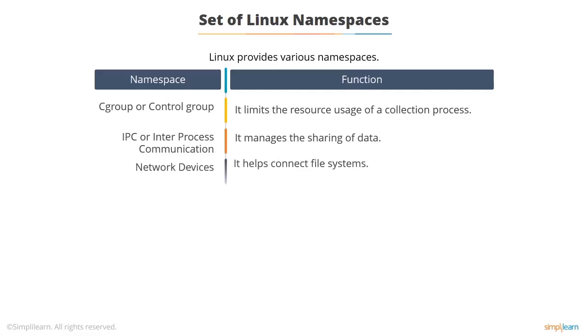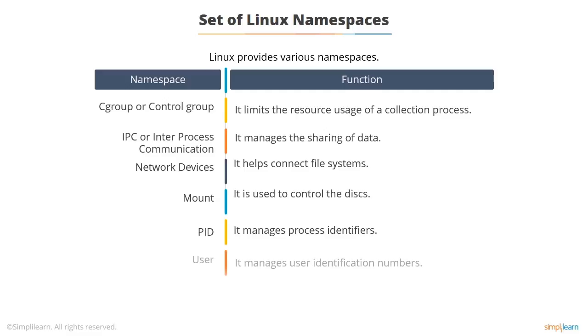We've got disks, effectively mount points where you're connecting file systems together. We've got namespaces for process IDs. Now that's pretty key as well, which we'll see later on. And also namespaces for users and groups within the operating system. And there's also one for hostname and NIS naming, the UTS namespace.